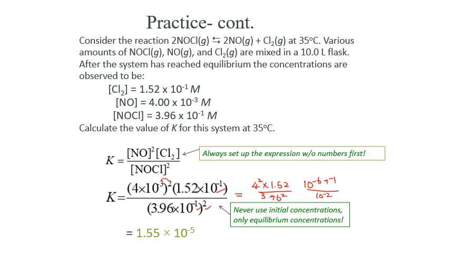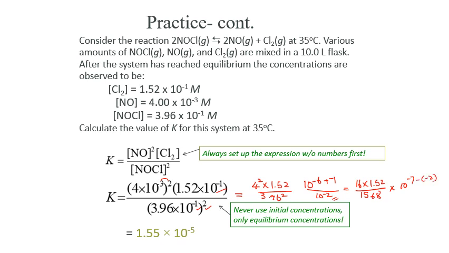So what I can do here is 1.52 divided by 3.96 times 3.96. We can get 15.68 times 10 to the power negative 7, and this is in the denominator negative 2, so minus 2, right?